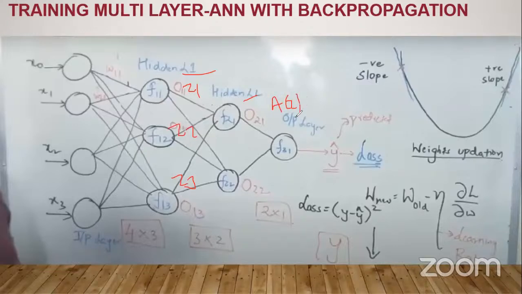On the basis of that we get Y hat, then we calculate the loss and calculate the new weights with the same formula: old weight minus learning rate multiplied by the gradient. If the slope is negative, we increase the weight, because this is the minima; if it is positive, we decrease it. The same thing will happen.